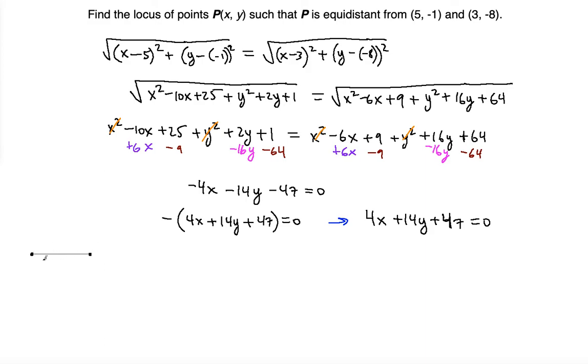So if we have a line segment formed by joining the endpoints, in order for the locus of points to be equidistant from these 2 points, the line that we found must be perpendicular to this line segment. Not only that, it should also come through the midpoint of that line segment, right?